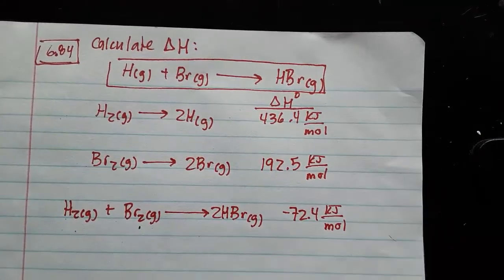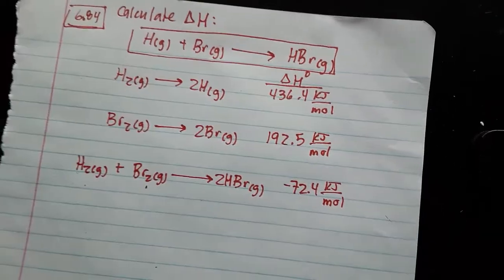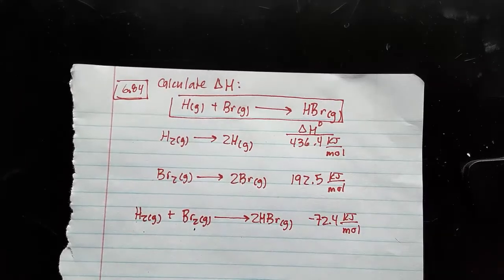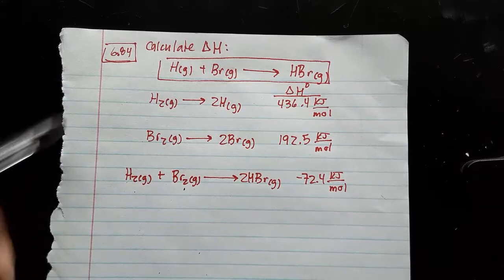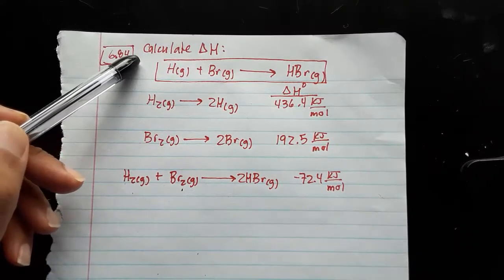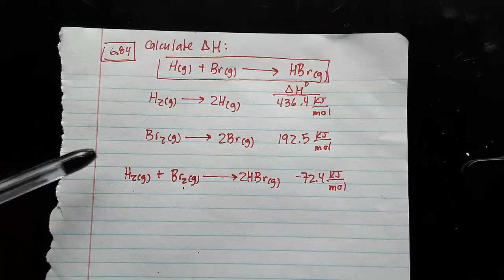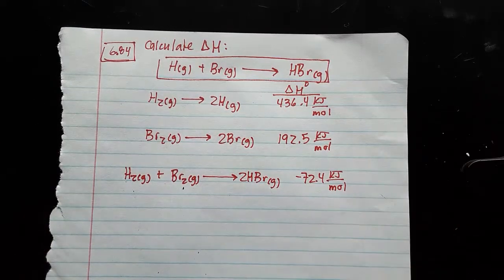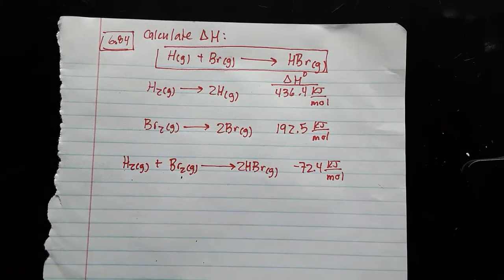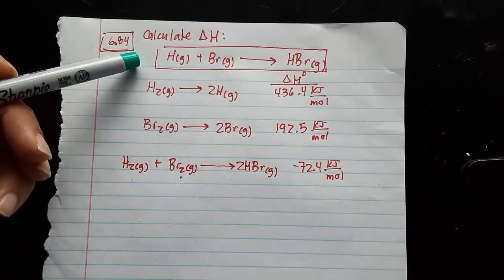So I went ahead and recopied the problem, and now let's take it step by step to try to determine sort of a mode of attack. So here's the main equation that we're asked to find. These are the three equations that we somehow have to manipulate, change and switch around, in order to get this.